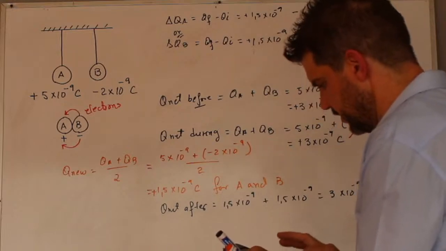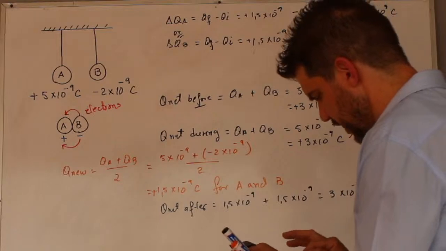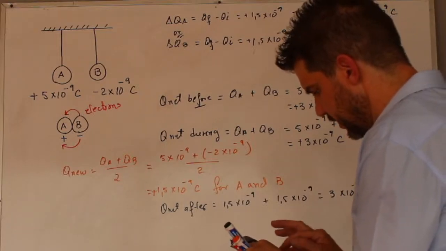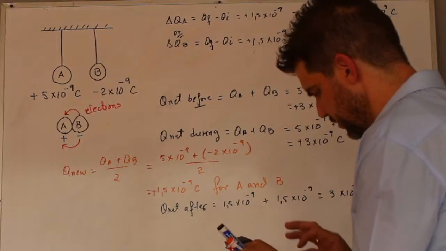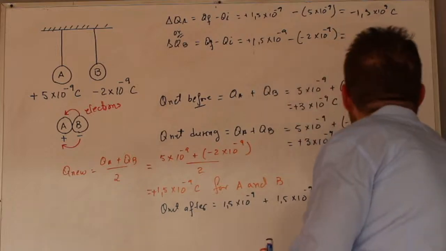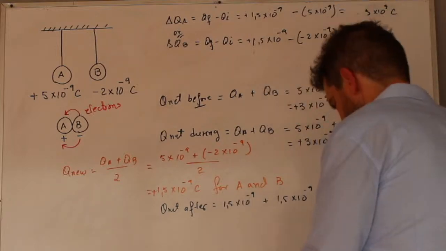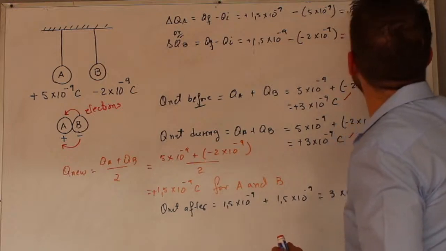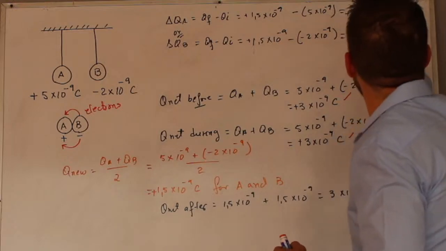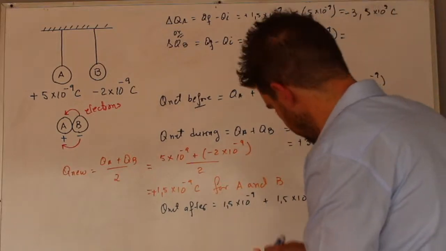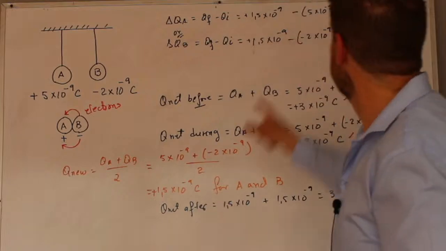1,5 times 10 to the minus 9 minus 5 times 10 to the minus 9, 3,5. Now, why am I not getting it here? This is 3,5, negative 3,5. Now here is 2. Oh, it's a plus. It's a plus. I subtract. Here is a plus.